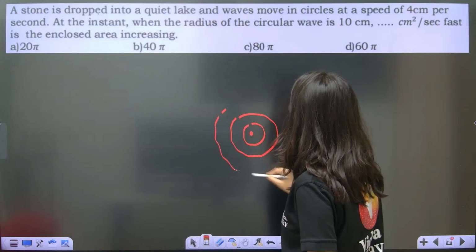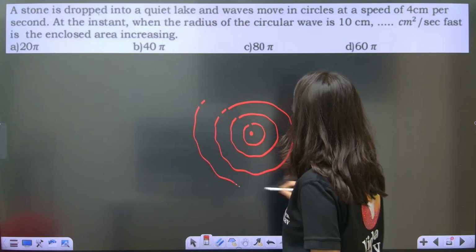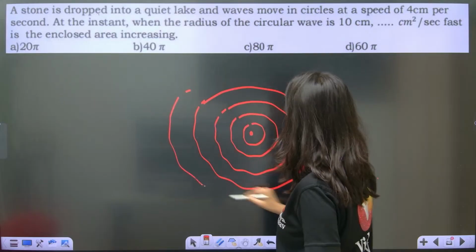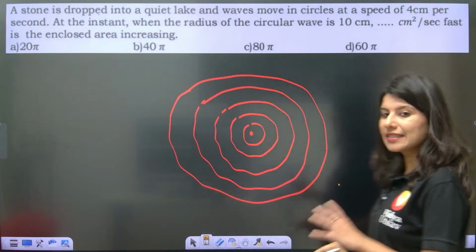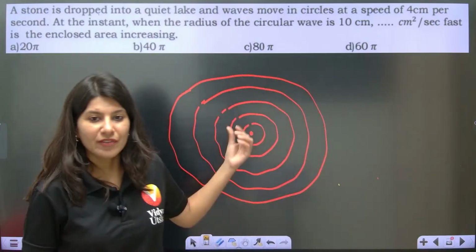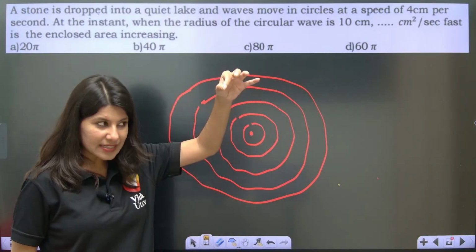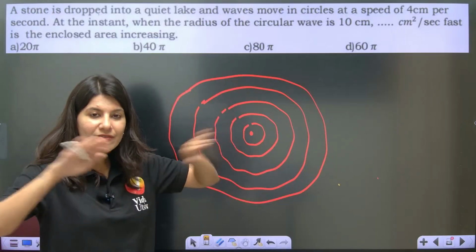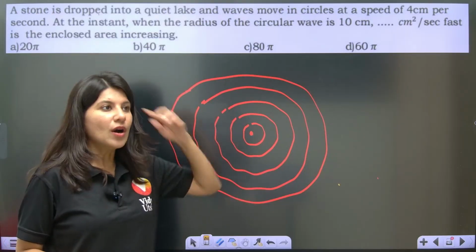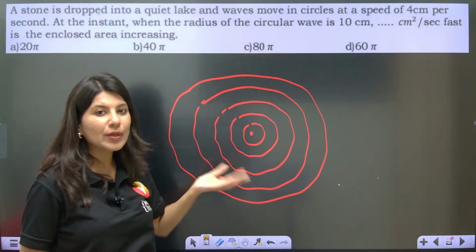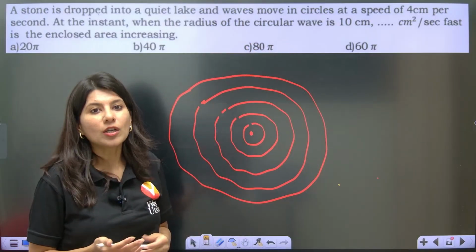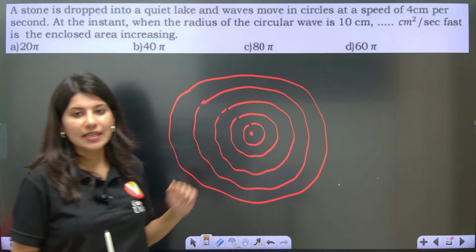If you drop a stone, waves will look like this, in circular form. We are assuming that circular waves are getting formed, although in real life it might not be a perfect circle.